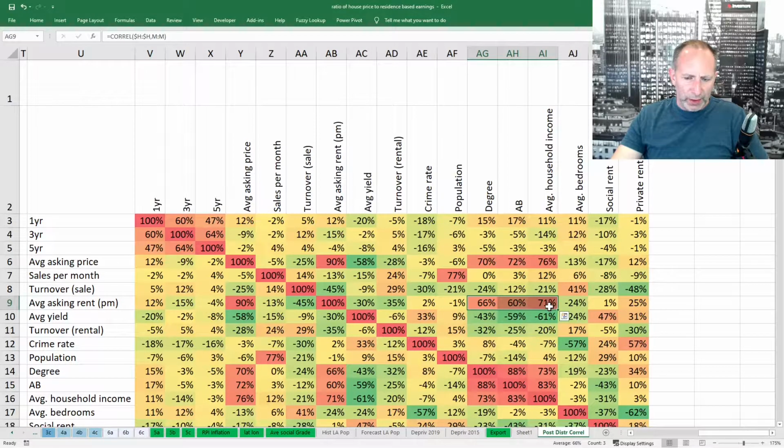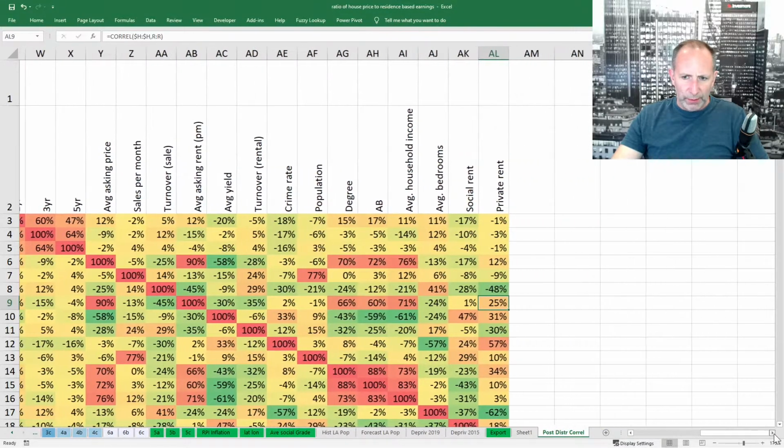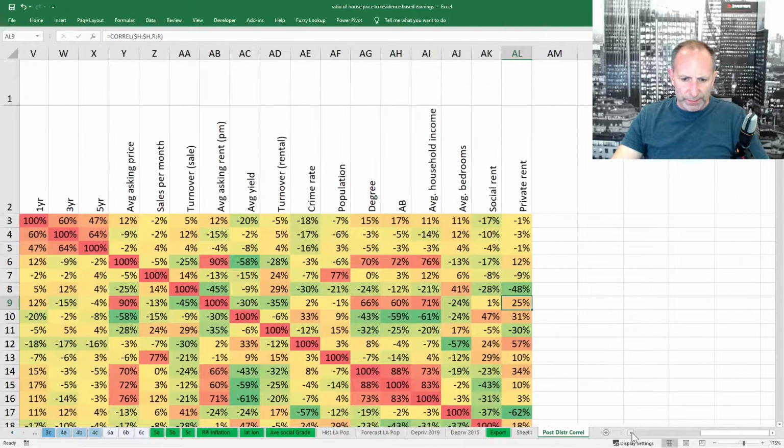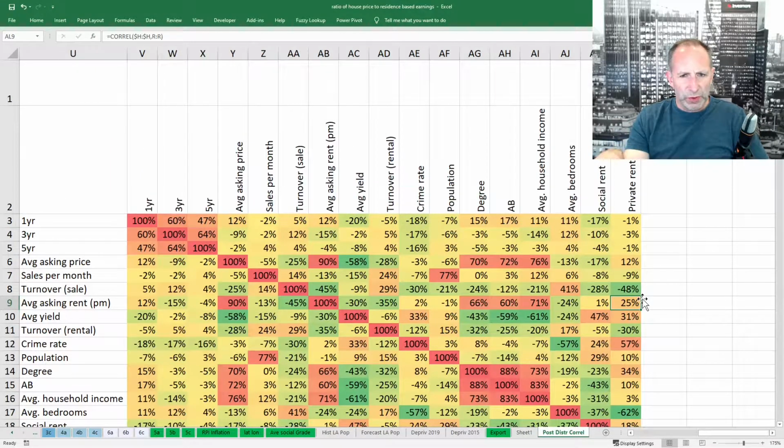This is also quite interesting. So the higher the rent, the higher the demographic, and the higher the rent, the more private renting there is. There are certain areas which just work for renting. And one of the good things is that it's quite easy to get this information to work out which areas are popular for renting.